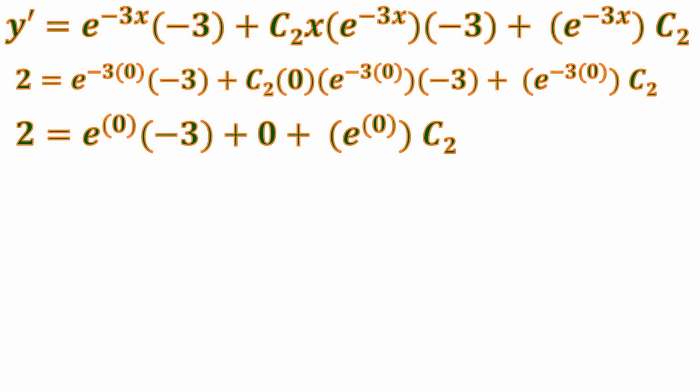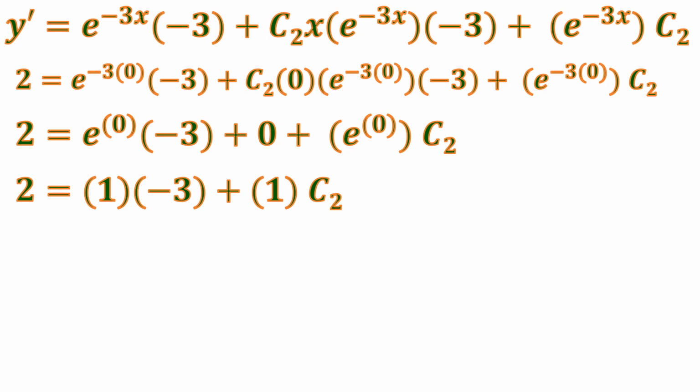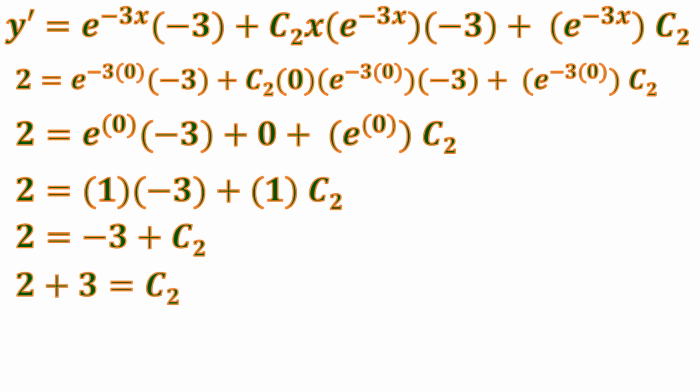Then let's continue. E raised to the 0 is 1. And 0 will be gone. So we're left with this. 1 times negative 3 is negative 3. 1 times c sub 2 is c sub 2. Then we'll transpose negative 3, so 2 plus 3 is 5. So that is our second constant.